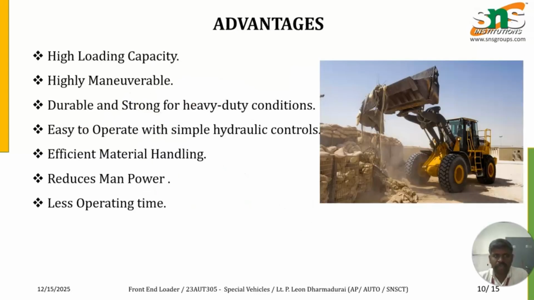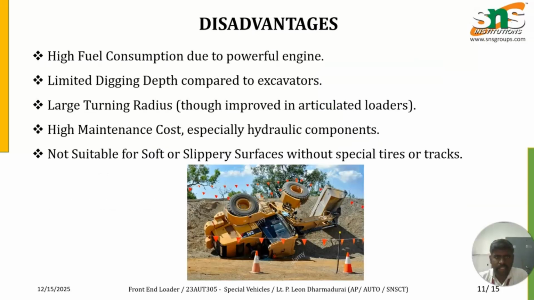The advantages of this vehicle are high loading capacity, high maneuverability, durability and strength for heavy duty conditions, and ease of operation with simple hydraulic controls. It offers efficient material handling compared to manual processes, reduces manpower, and takes less operating time. The disadvantages are high fuel consumption and limited digging depth.